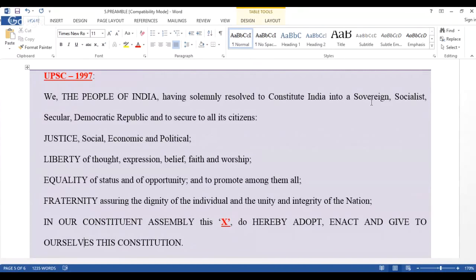So the whole preamble has been given in the question in the 1997 UPSC examination, and you are asked to find out what should be present in the place of X. Is it the date of adoption or the date of commencement of the Constitution?